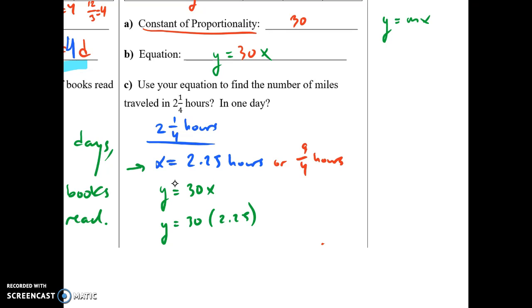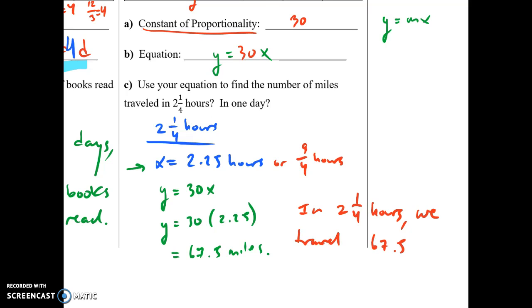And our answer is going to be 67.5 miles. Alright, so this means that in 2.25 hours, or 2 1/4 hours, we travel 67.5 miles. Alright, done.